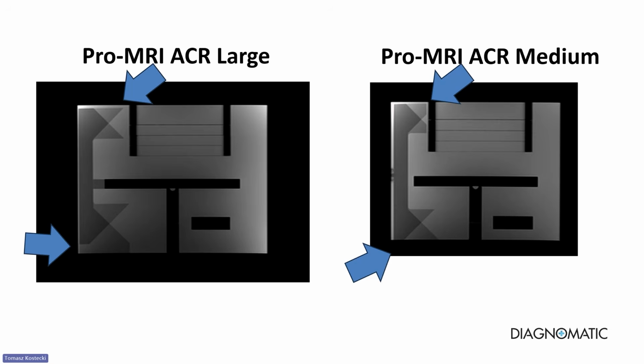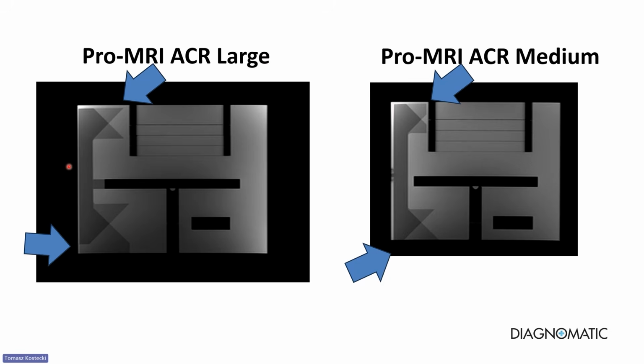The main difference between the Pro-MRI ACR phantoms is their size. Because the medium phantom has a smaller internal volume, some of its internal structures are shortened compared with the large phantom. Basically, each element of the large phantom is cramped inside the medium one.